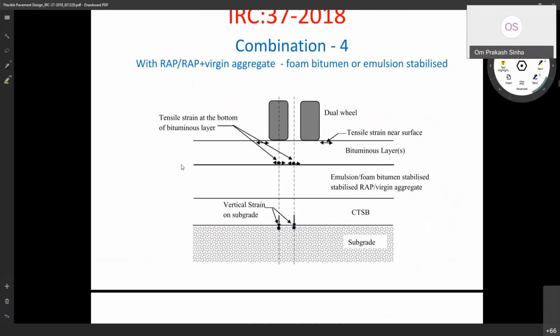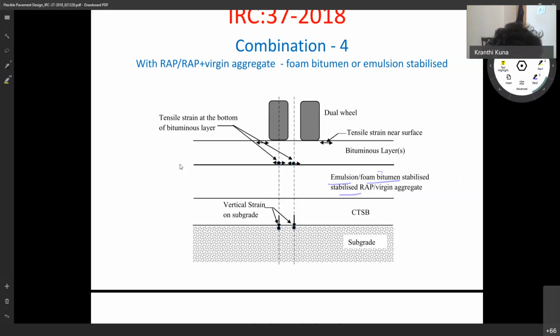This is another combination of pavement that is given in IRC 37. This is using recycled material, with either emulsion or foam bitumen treated mixes. If you have emulsion treated or foam bitumen treated stabilized bases, it is the same as conventional pavement.